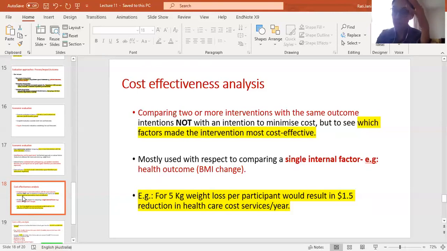This is not, again, a very good way of doing it, but basically over here, you're trying to keep only one variable constant, which could be, say, dietary change or weight loss change or physical activity change, and how it would impact your final variable. Over here, the final variable, from an economic point of view, is reduction of, say, bills to the government. Okay. So you're just keeping one variable constant.